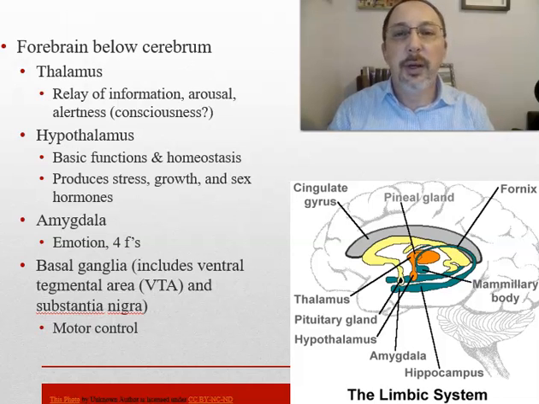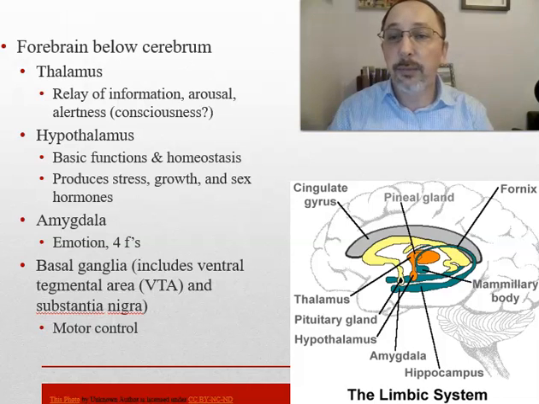It also is in charge of producing stress, growth, and sex hormones, or telling your adrenal glands to produce those things. The amygdala, associated with emotion and your impulses.